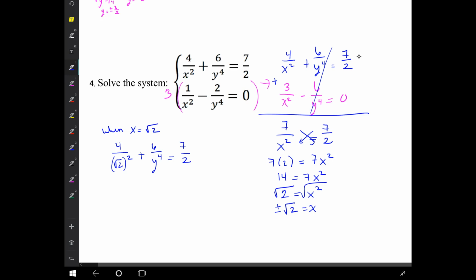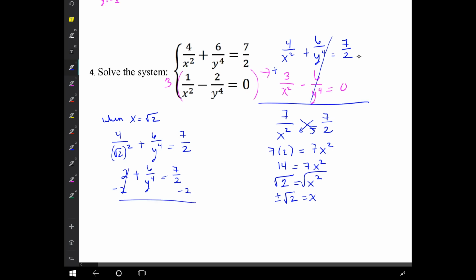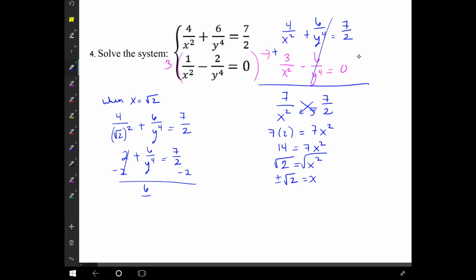What's 4 divided by 2? 2. So I have 2 plus 6 over y to the 4th equals 7/2. Subtract 2 from both sides, or you can think of that as 4/2. And you would have 6 over y to the 4th is equal to 3/2.